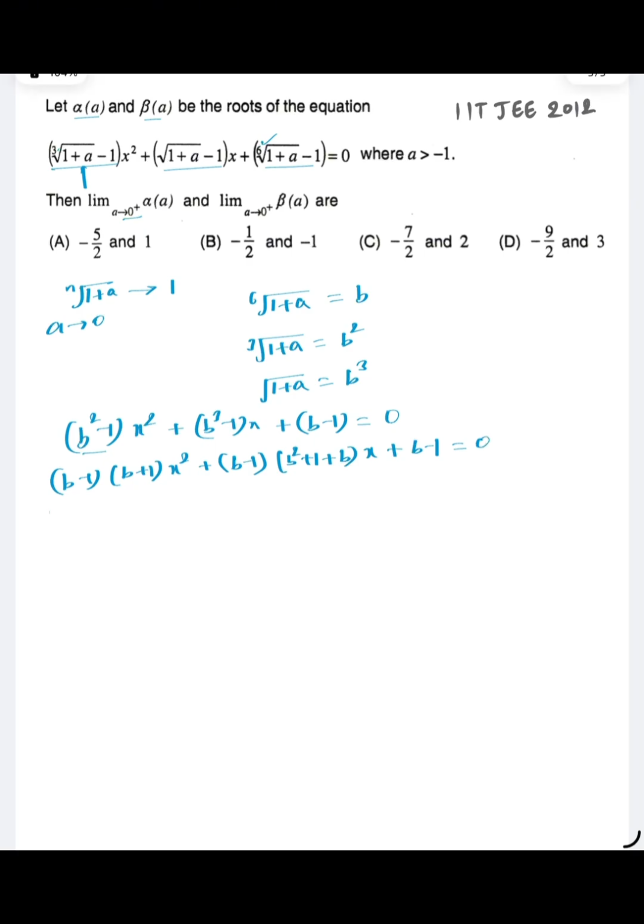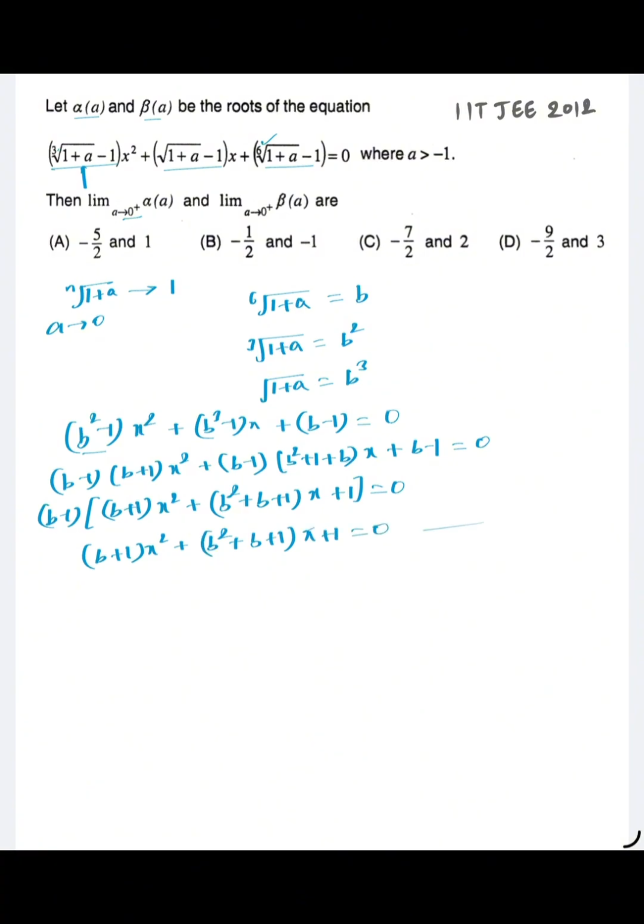And we can take b minus 1 out, so we will have b plus 1 x square plus b square plus b plus 1 x plus 1 equals 0. Because b is not exactly equal to 1, we can remove this. So ultimately we will be having b plus 1 x square plus b square plus b plus 1 x plus 1 equals 0. So this is our final equation.